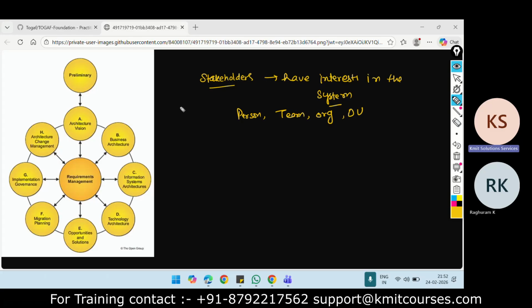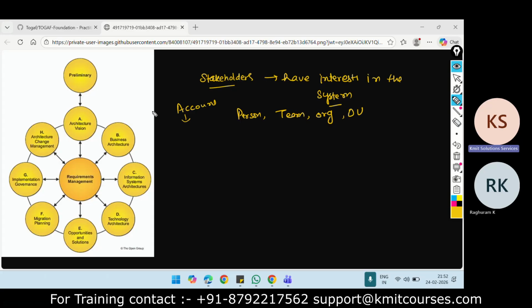For example, you are working on an accounting project, so the accounting department that gets impacted by this project are stakeholders, and whoever provides the approval also.